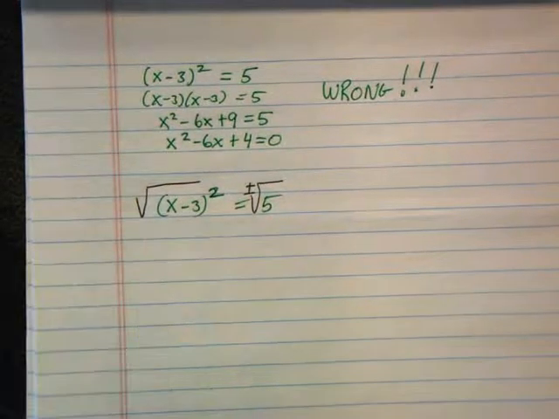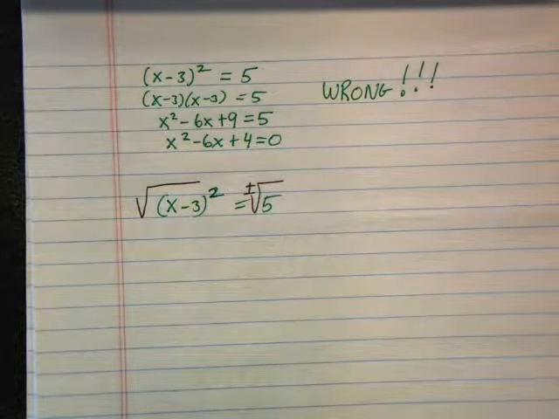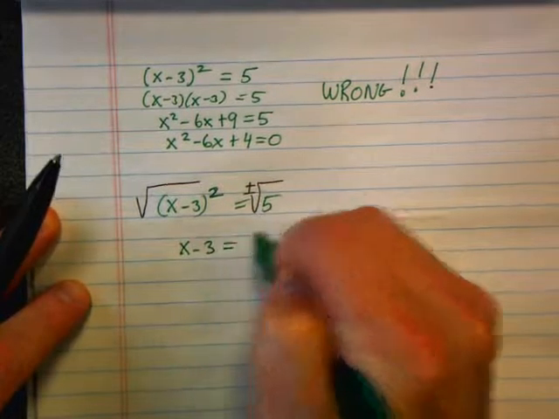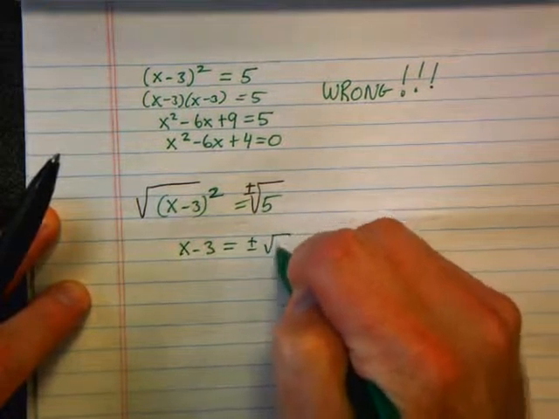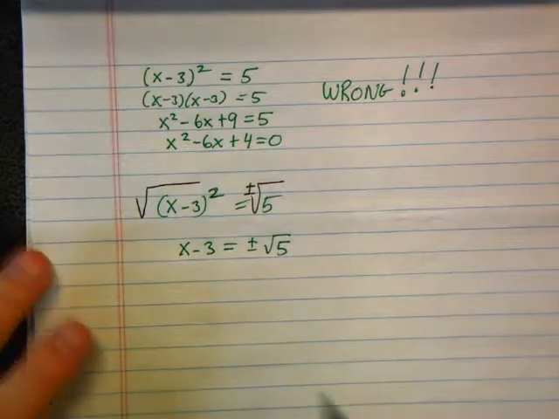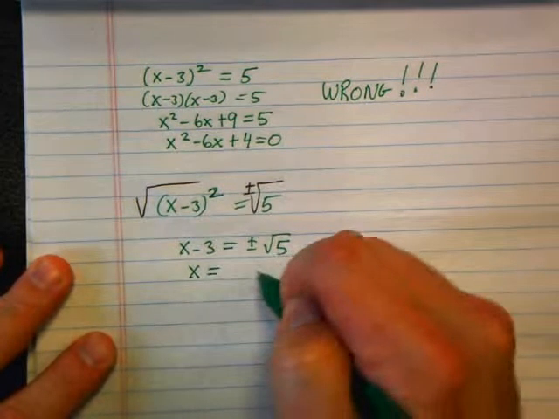We end up with x minus 3 equals plus or minus square root of 5. How can you get the x all by itself? Add 3. So we would write our answer as x equals 3 plus or minus square root of 5.